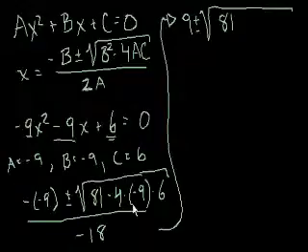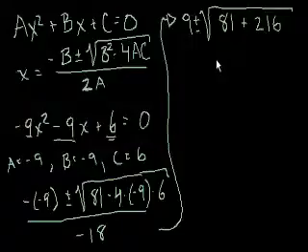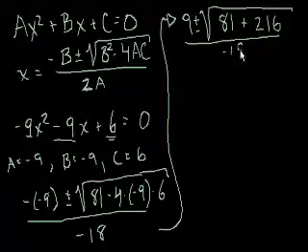And then positive 36 times 6 is, let's see, 30 times 6 is 180. And then 180 plus another 36 is 216, plus 216. Is that right? 180 plus 36, right, is 216. All of that over 2a. 2a, we already said, is minus 18.